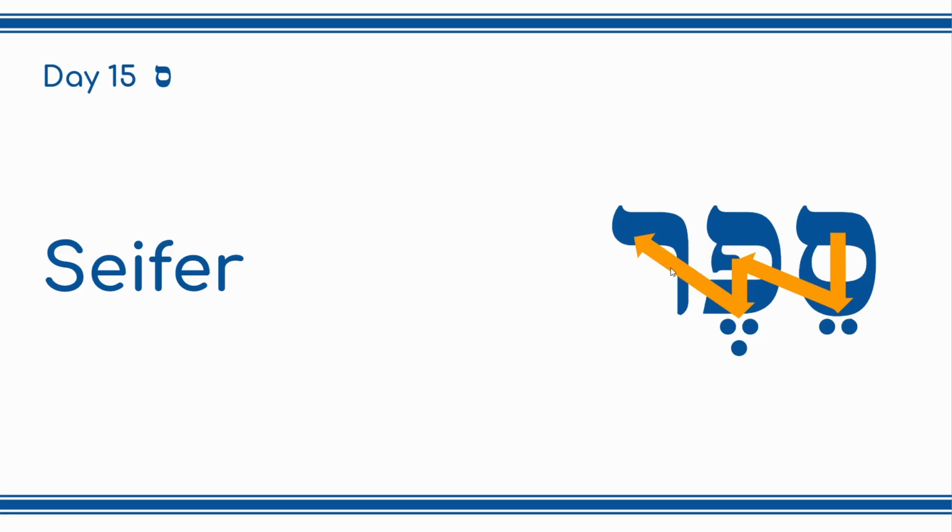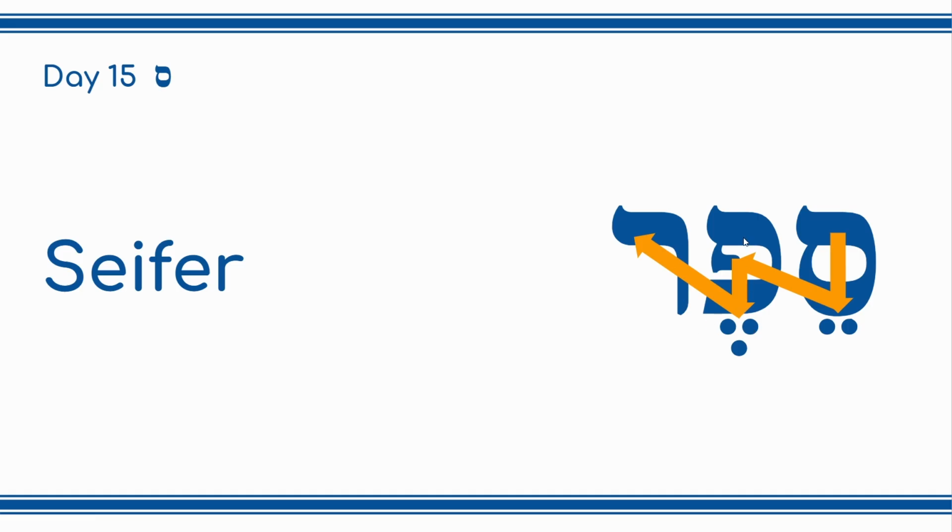Now we look over and we see the next letter. This is the letter resh, and it makes an r sound, like the letter R. So you go say, fe, r. And remember, in one of the videos, we talked about open and closed syllables. The resh is part of this syllable because it's ending it.